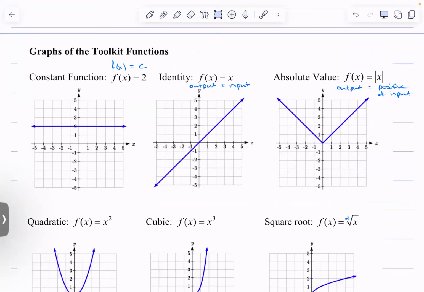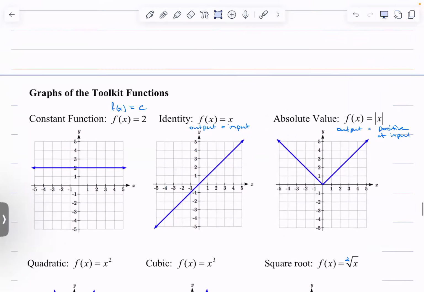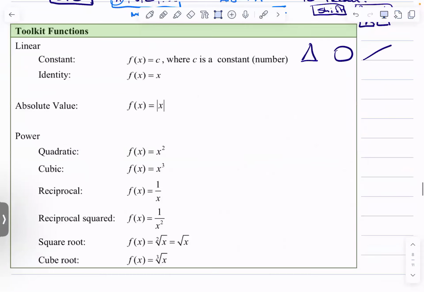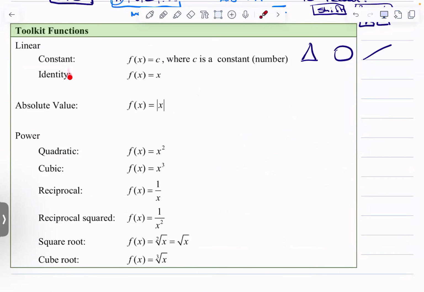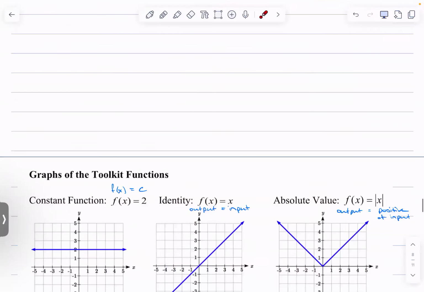So instead of just talking about what the toolkit functions look like as functions, it'll be more important to know what they look like in terms of their graphs. We can start with f of x is equal to c, and what does that look like?